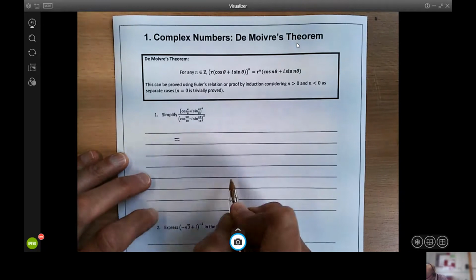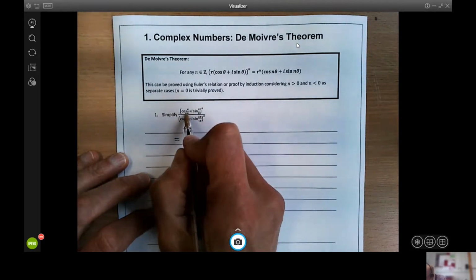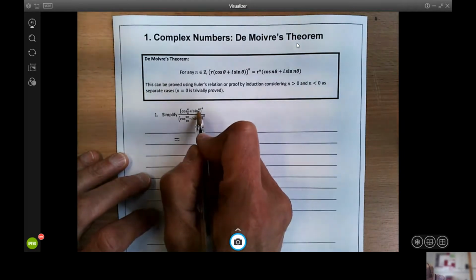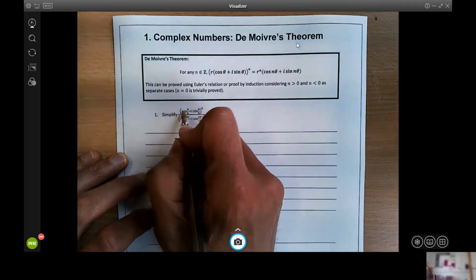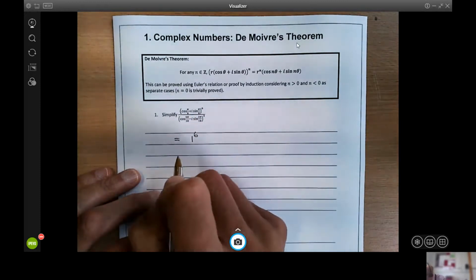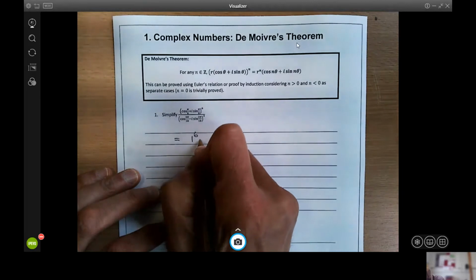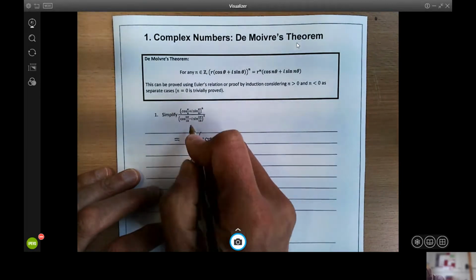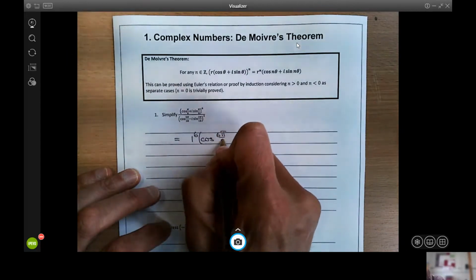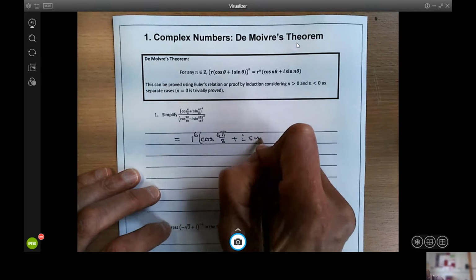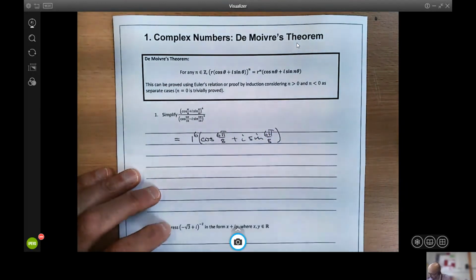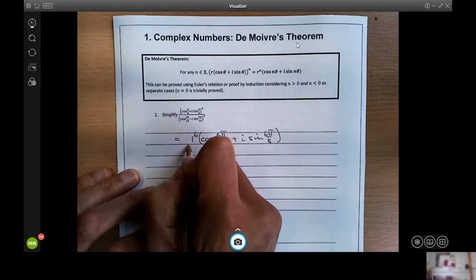So we can use de Moivre's theorem to say that this cos(π/8) + i sin(π/8) on the top here is equal to, well, its modulus to the power of 6. Its modulus is just 1, so it will be 1 to the power of 6, times cos of 6 times π/8, let's write that as 6π/8, plus i sin 6π/8. 6π/8 is 3π/4, of course.